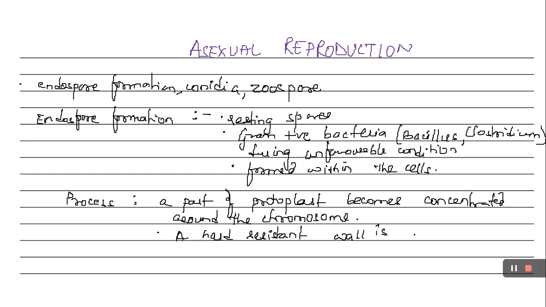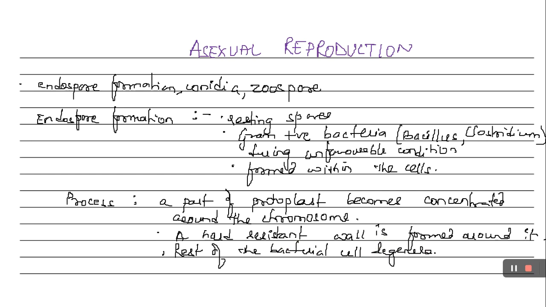Just imagine the structure. I'll also try to show you. So a hard resistant wall is formed around it, and the rest of the protoplast, the rest of the bacterial cell or the content, will degenerate. So interesting to know, right?